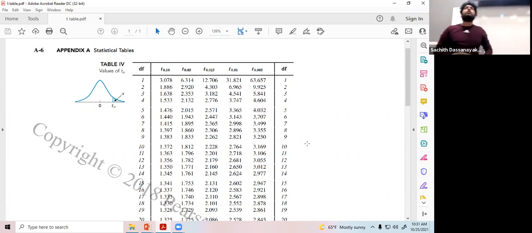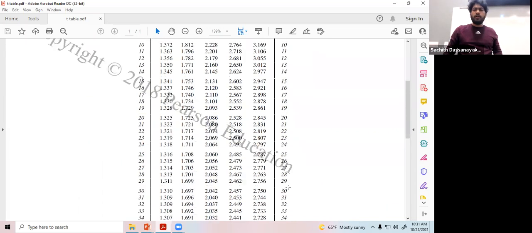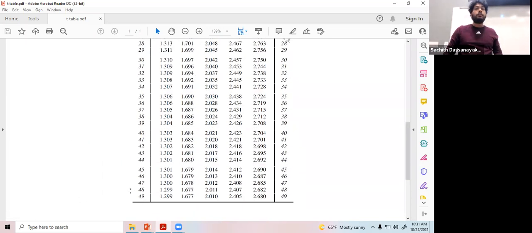The C table, what we had, starts from your left hand side. But here you have only one T table. You can see the maximum degree of freedom is 49 according to this table. There are many versions with different degree of freedom values; some go up to 100, it doesn't matter. If n is 50 or 60, go to the C table.